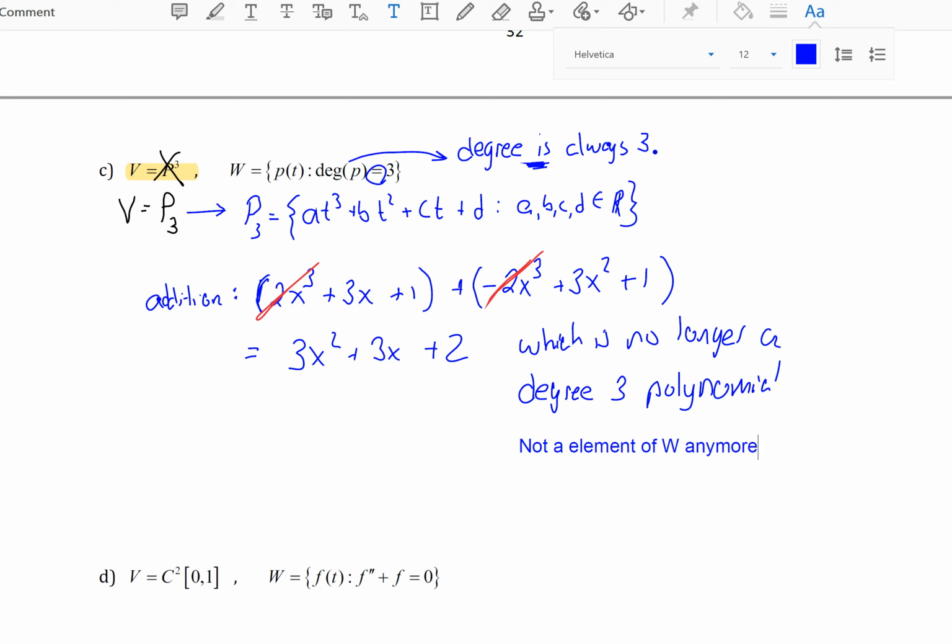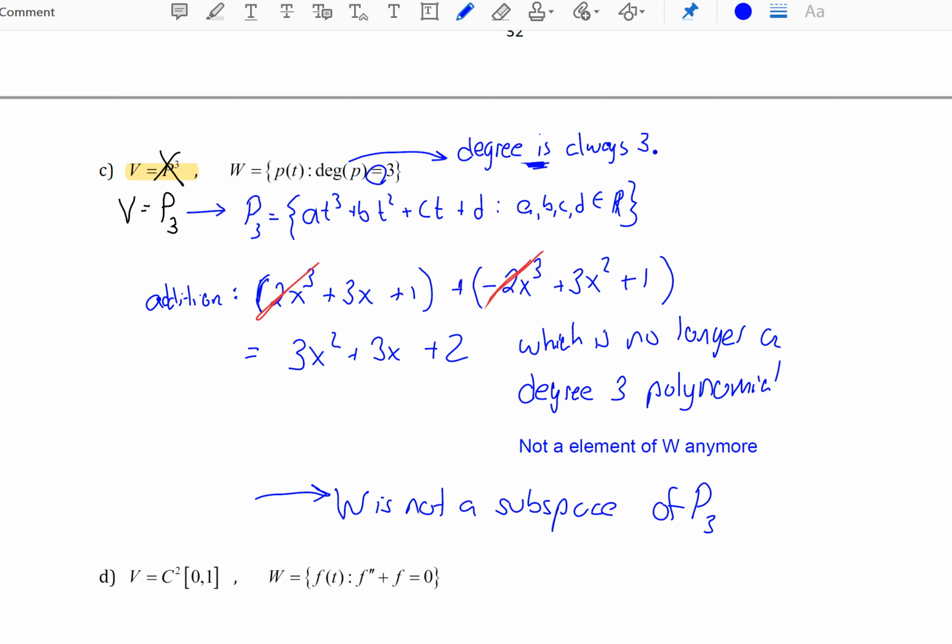So we just showed that we could take two elements of W and add them together and they're no longer in W. This tells us that W is not a subspace of P3. And it's because we require that the degree always be equal to 3 that made that happen.